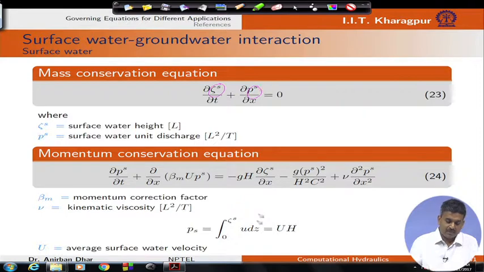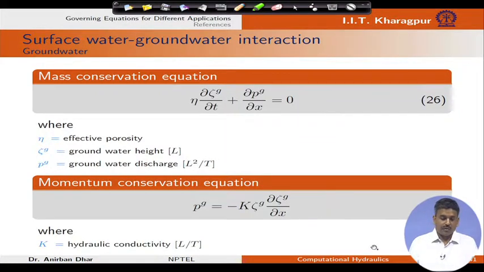This is Ps, again Ps, this is actually the depth averaged velocity times depth, and C is a Chezy coefficient. This is our momentum equation, it represents the variation of Ps, beta is the momentum correction factor, and this is our usual term, and g is acceleration due to gravity in this case.